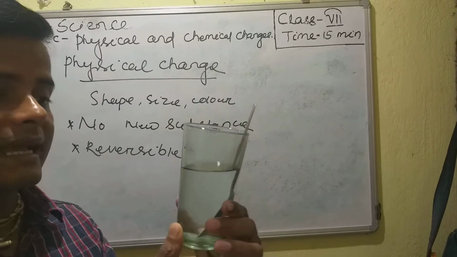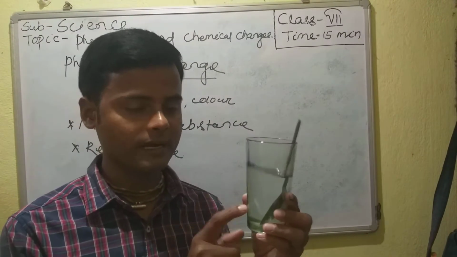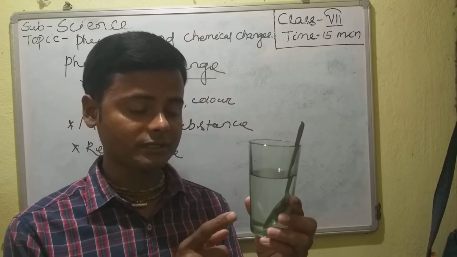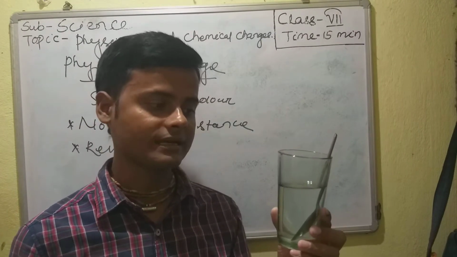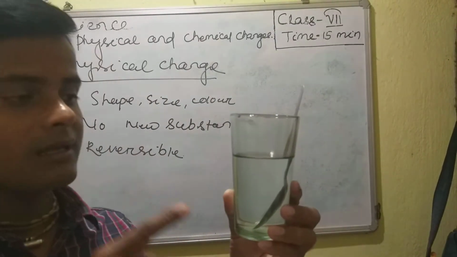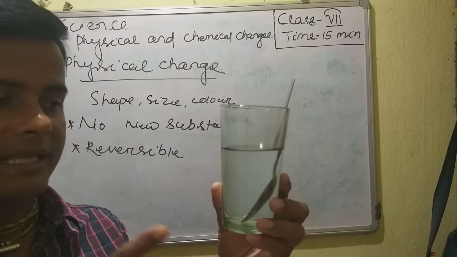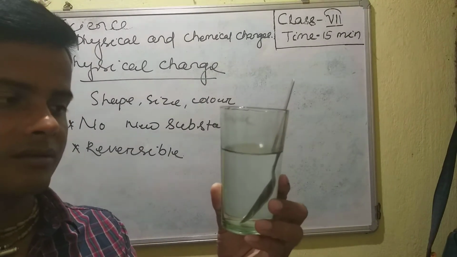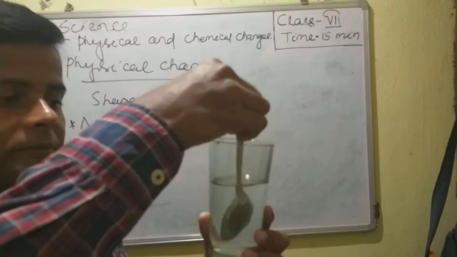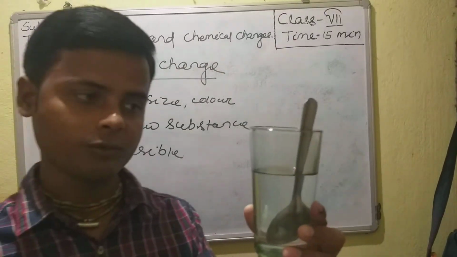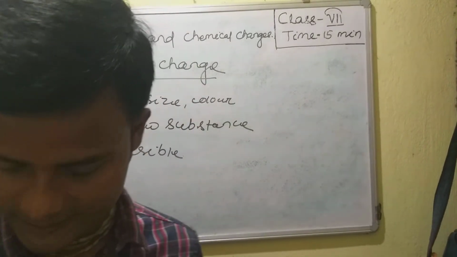And we can get the salt again from this water. You must have studied in class 6 that by the process of evaporation we can get salt again from the water. So physical change is reversible. It is a physical change, right?